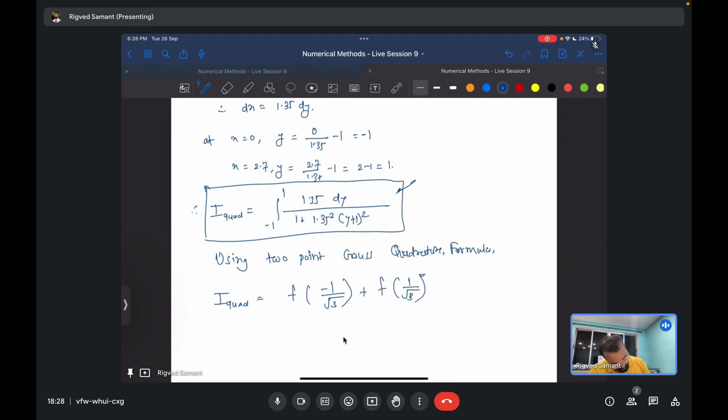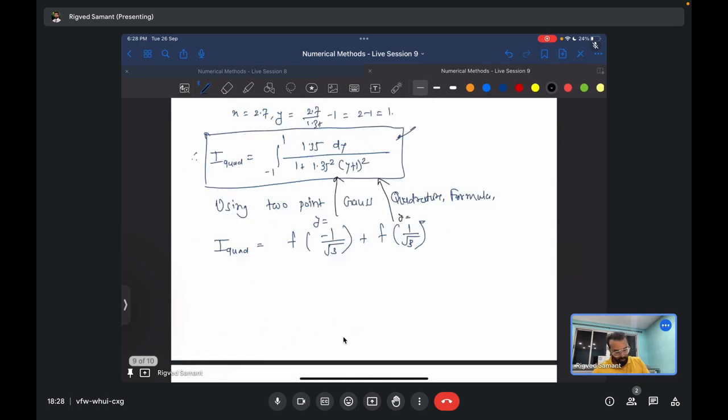So what you have to do, you have to substitute y is equal to -1 divided by √3 into this equation first, then y is equal to 1 divided by √3 in this equation, and add them up, and then you will get the value. That's it.